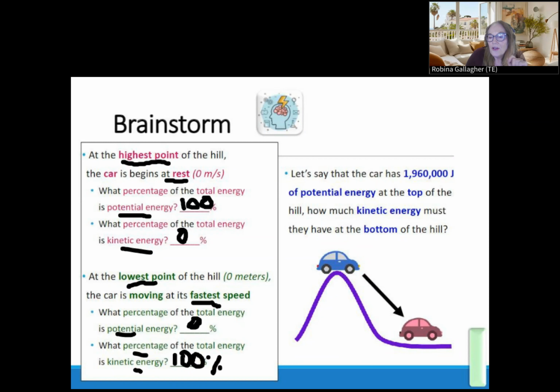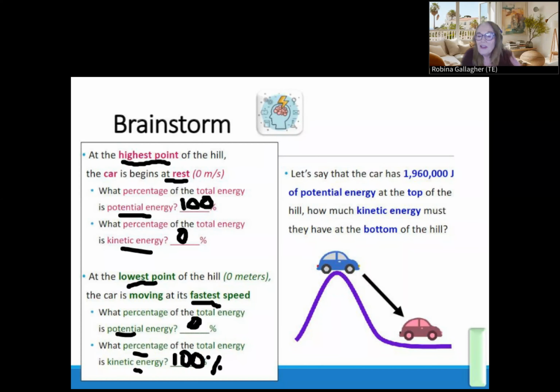Okay, now let's see if you can put this together. If we have a car sitting up here at the top of the hill and it is at rest, it has 1,960,000 joules of potential energy, but it's just sitting up at the top.